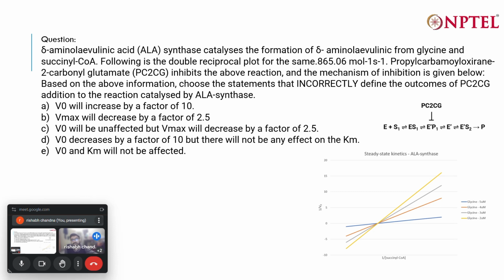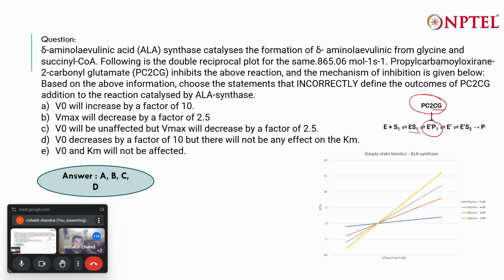Okay. So the correct answer is A, B, C, D are incorrect, and the E option is correct. That means it can be the correct explanation. Okay. So how we'll see. First, as the reaction kinetics is mentioned here, that means the inhibitor basically affects when the enzyme bound to the substrate is converted to the intermediate E prime P1.